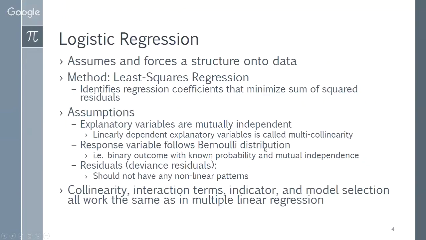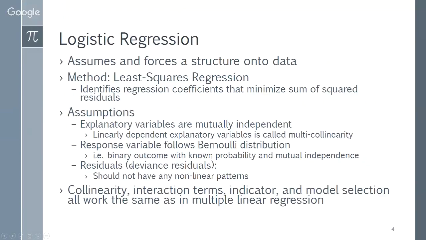Again, this is basically a fancy word for saying that the response variable has 2 outcomes, a binary outcome, yes or no. We're going to call one of them a success, and we need to know that probability. And then there also needs to be mutual independence across our entire sample. Okay?